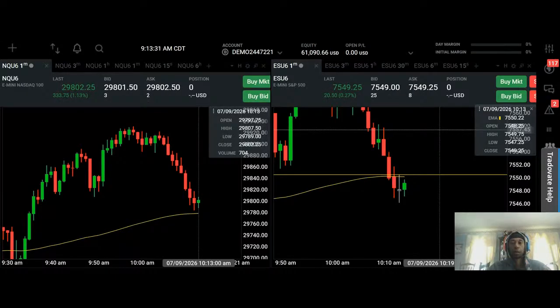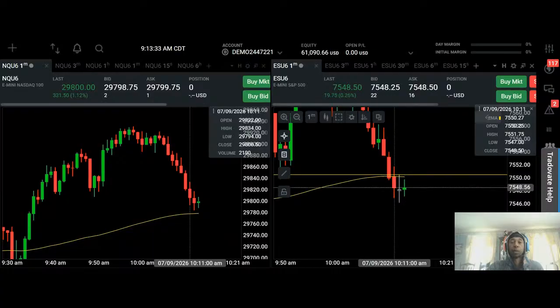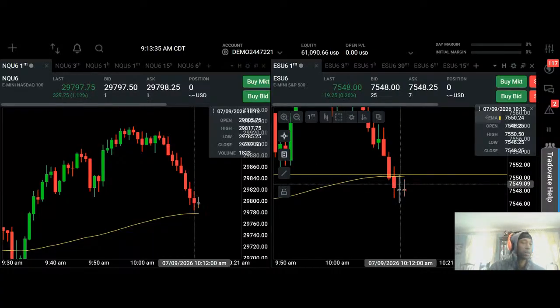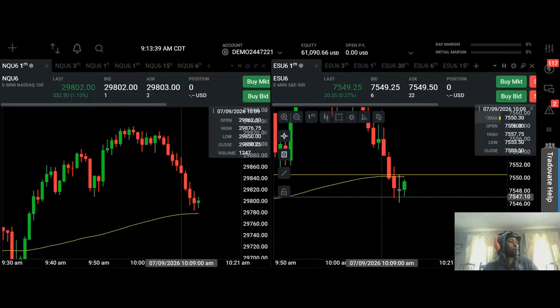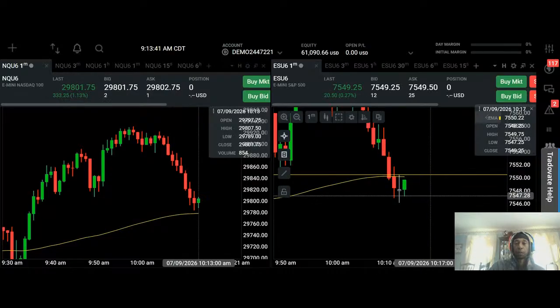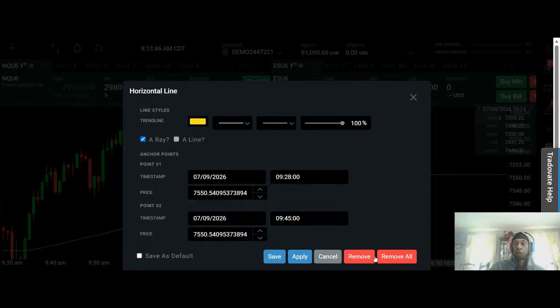So they are giving us a swing low right there. That's cool. I can deal with this right here too. Matter of fact, I'm going to move this yellow line out of the way because it's kind of distracting.